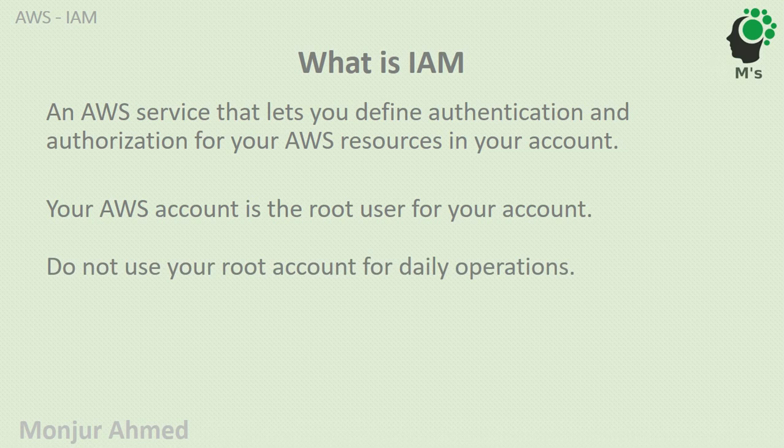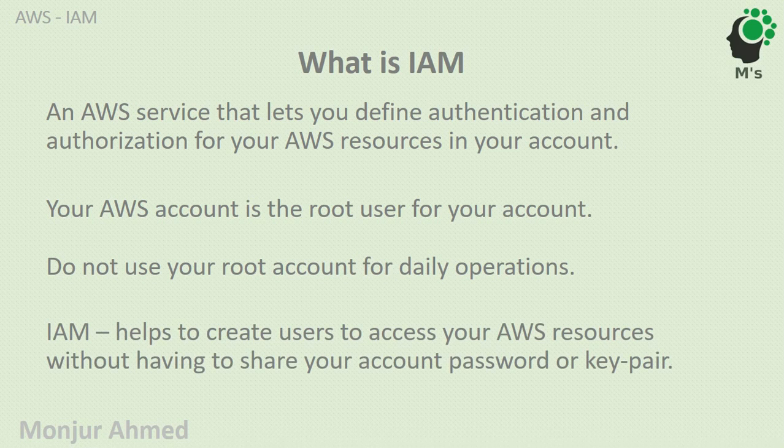And for day-to-day operations, even the administrative ones, it is not a good idea to use the root account. And that is where IAM becomes very useful. And not only for this purpose, there are a lot of other purposes that we will see very shortly.